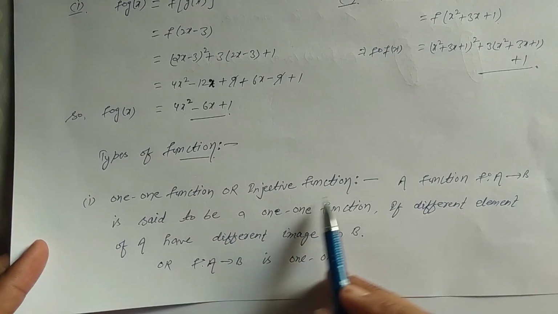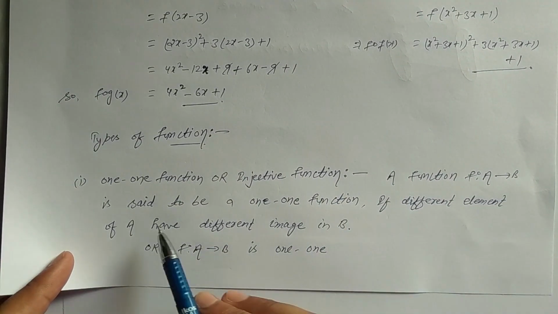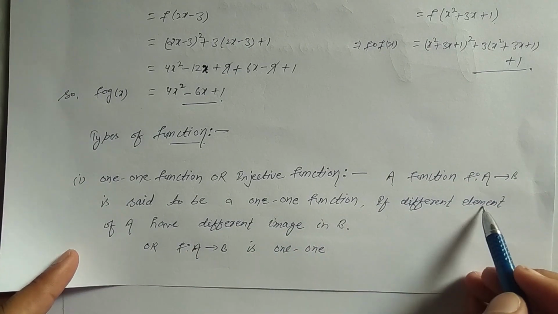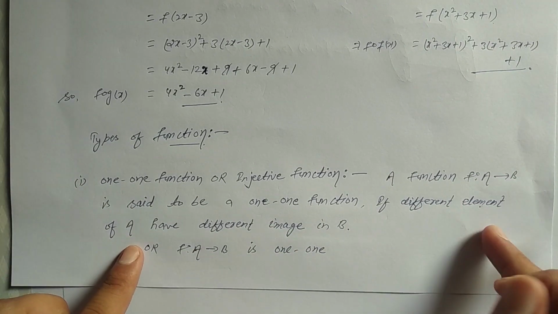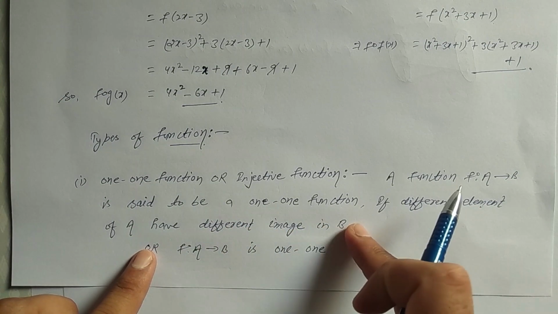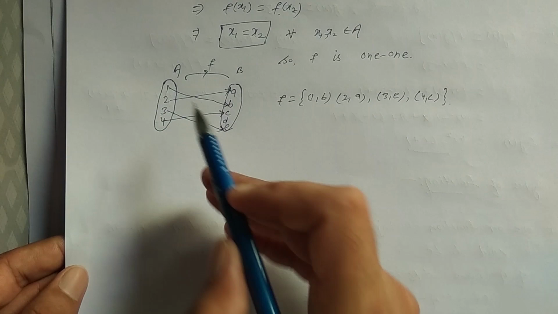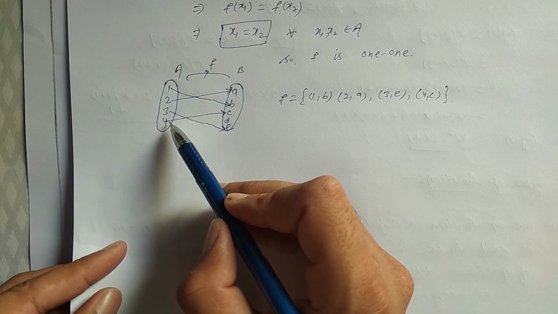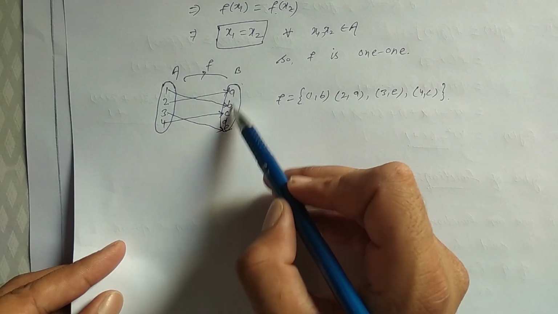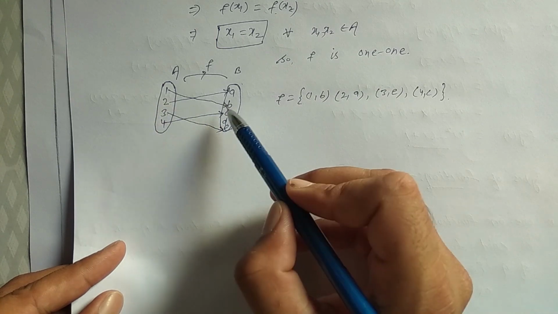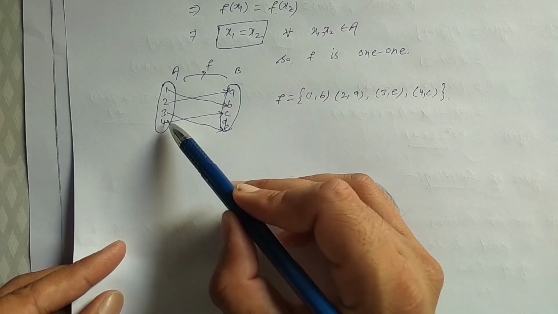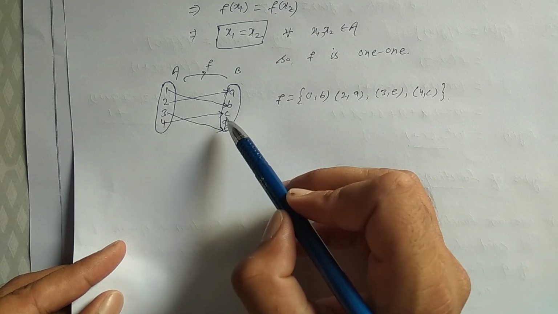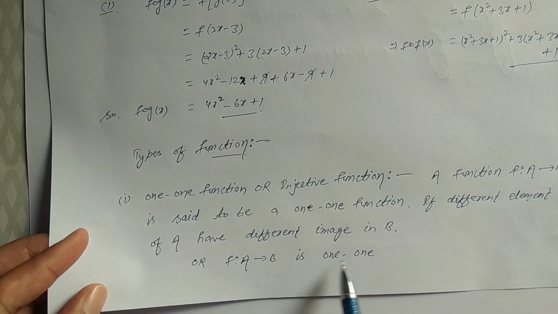Again, definition of one-one function. A function f from A to B is said to be a one-one function if different elements of A have different images in set B. Different elements of set A, 1, 2, 3, 4, have different images in set B: image of 1 is B, image of 2 is A, image of 3 is E, image of 4 is C. Or f from A to B is one-one.